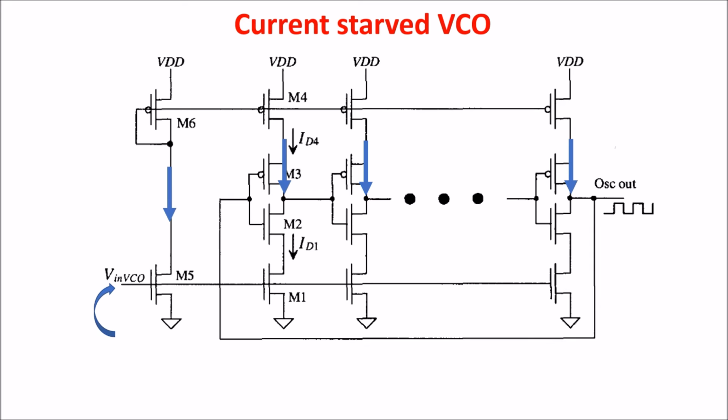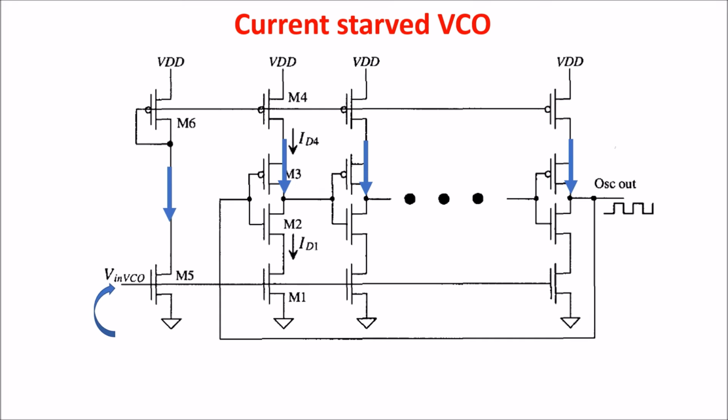These currents will charge and discharge the total capacitance, so now the oscillation period doesn't depend only on VDD and on the building parameters of the CMOS technology, but it depends also on this mirrored current, which in turn depends on the input voltage of the VCO, Vin VCO.